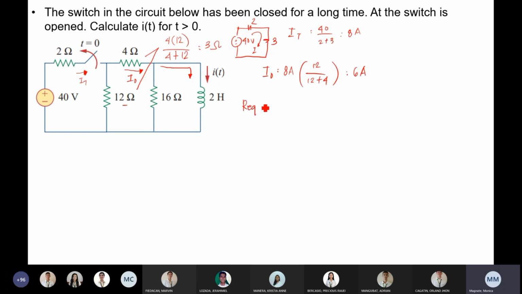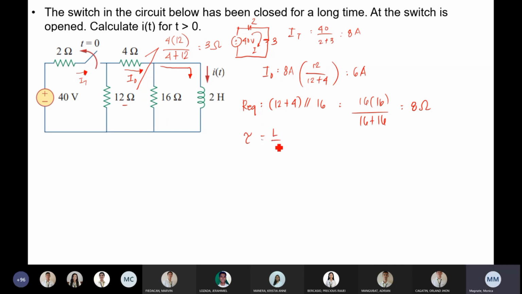So, yung R equivalent natin, we have 12 plus 4 na naka-parallel ngayon kay 16. So, ito ay 16 parallel kay 16. So, yan ay 8, no? Kasi half lang.